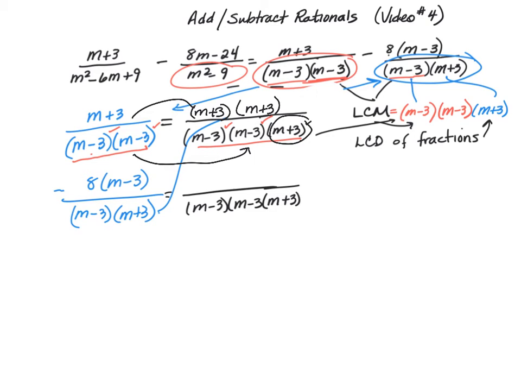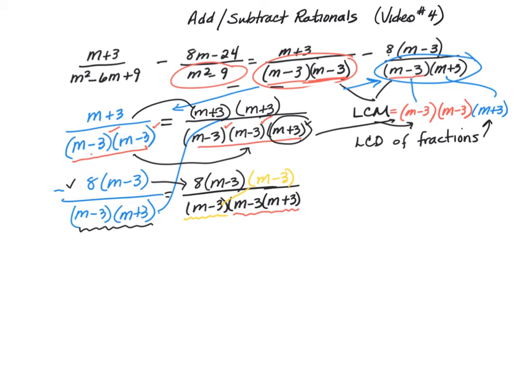Now I'm going to look at the second fraction right here. My old denominator was m plus 3, m minus 3. Well, I have m plus 3, m minus 3 here, plus I have something new. The something new has to now be multiplied by my numerator. So my numerator is going to include what we had before, which is 8 times m minus 3. But now I have to account for this m minus 3 right here.